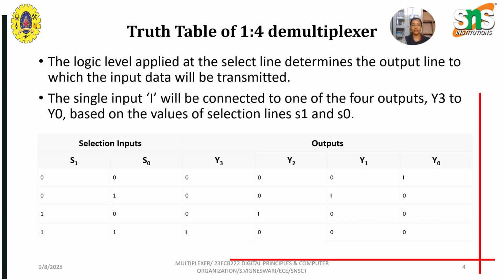When S1 is 0 and S0 is 1, output Y1 is connected to the input I. When S1 is 1 and S0 is 0, output Y2 is connected to the input. When both S1 and S0 are 1, output line Y3 is connected to the input. So as we see from the truth table, at a time only one output line is connected to the data input.